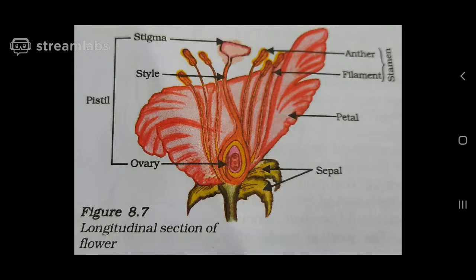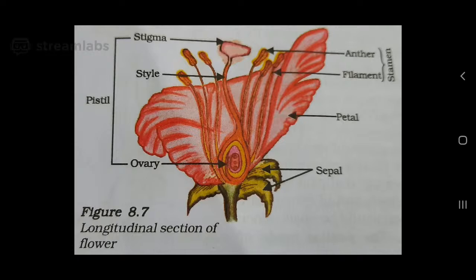Where does meiosis take place? Only in the pistil and in the stamen. Nowhere else. There you can find meiosis.